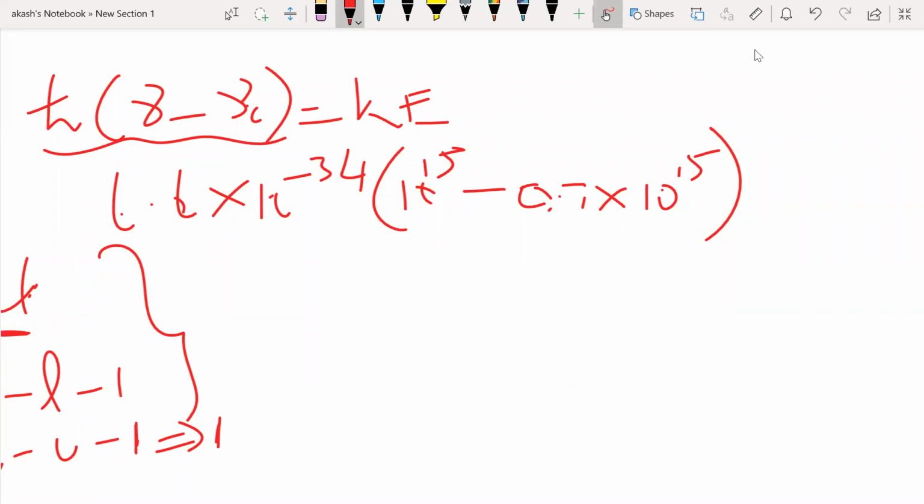So now actually you don't have to worry about whether it's going to be certainty or uncertainty. The only thing which is going to change is, if I talk in terms of uncertainty, you have to put a greater than sign, h by 4 pi.